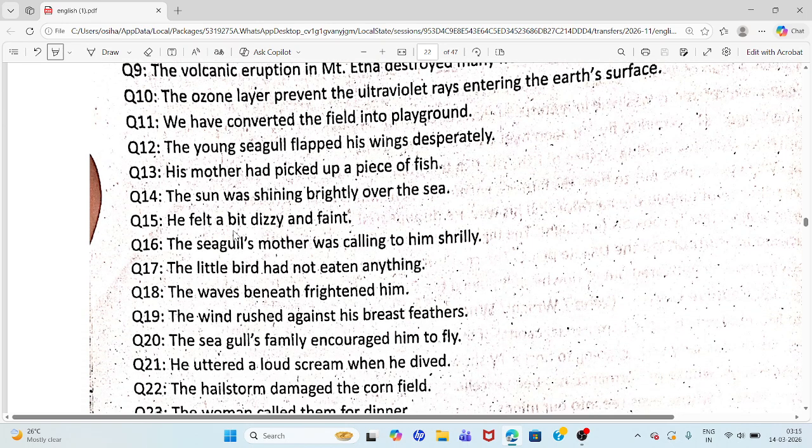Question 15. He felt a bit dizzy and faint. So the answer in passive voice: a bit dizzy and faint was felt by him.